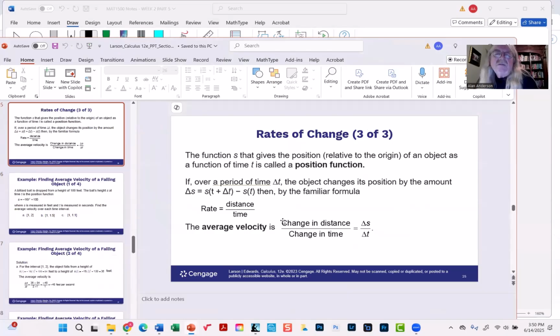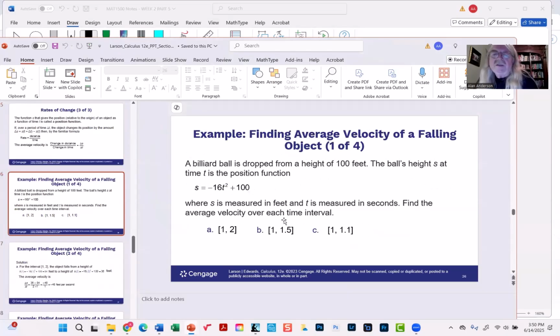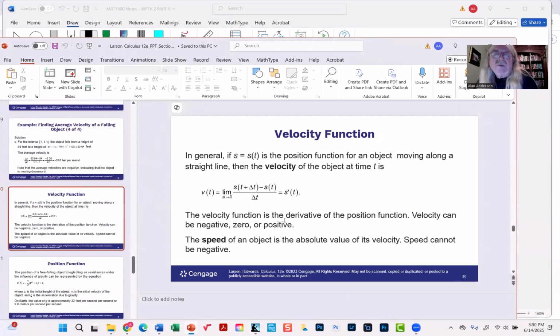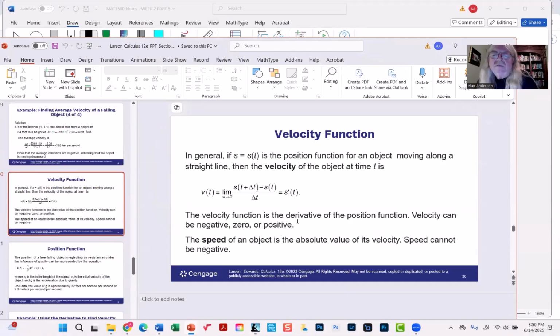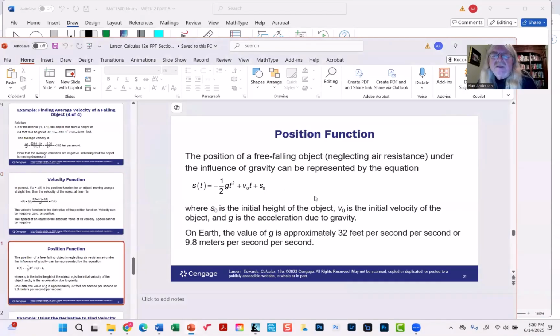All right, so I'm sure they'll ask us a few of these in the MindTap or WebAssign problems. Then they also make note here the word speed refers to the absolute value of the velocity because this velocity can be negative, meaning it depends on which direction the object is moving.